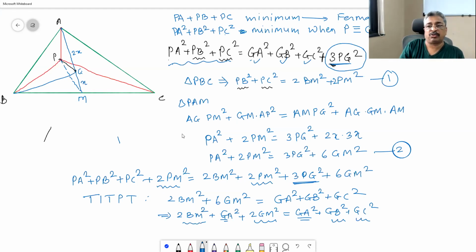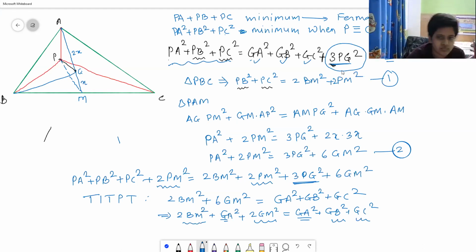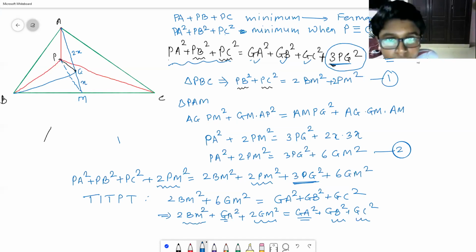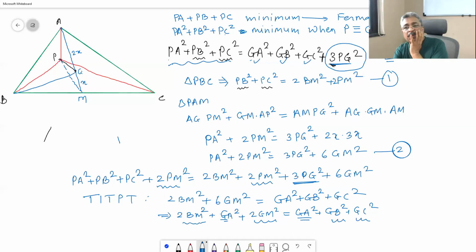And now what you are supposed to prove after this is something like OG square, OH square. So you should put P is equal to H. If you put P is equal to H and simplify, of course you need to do some algebra, then you will get all the answers, hopefully.